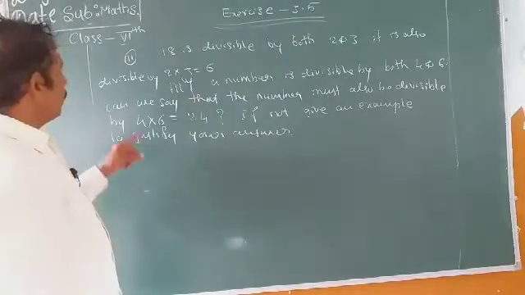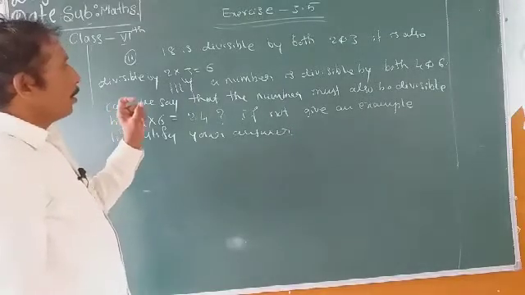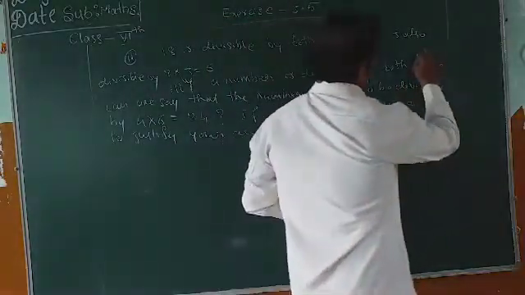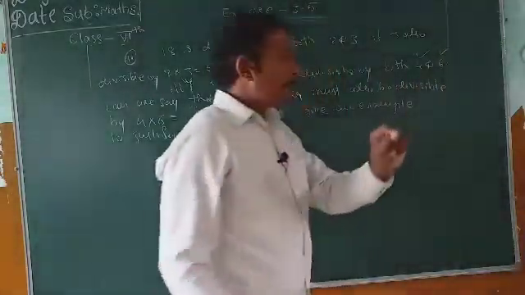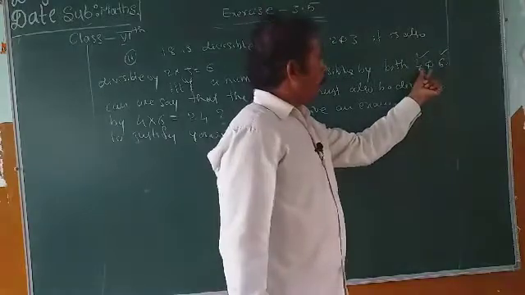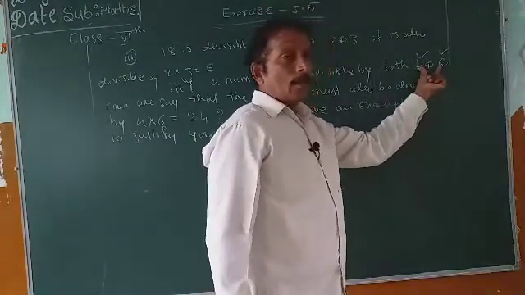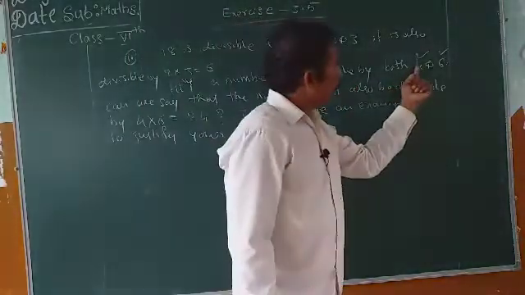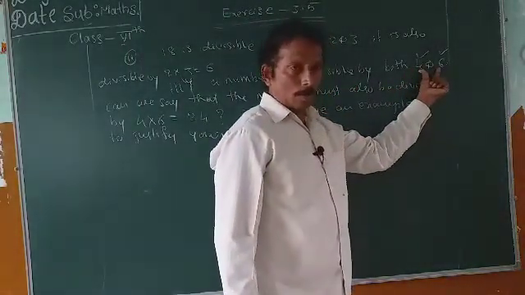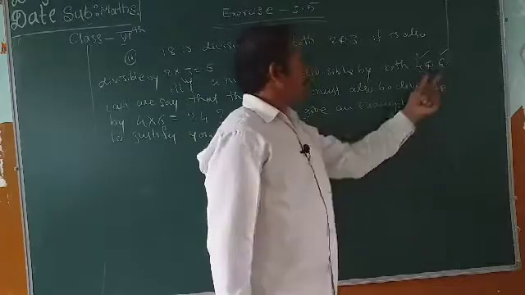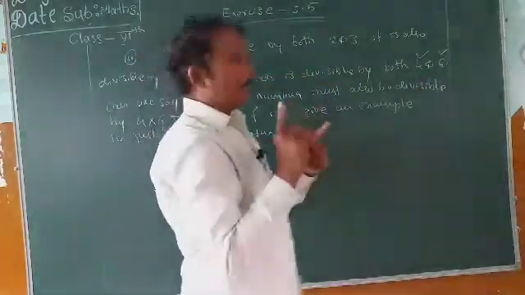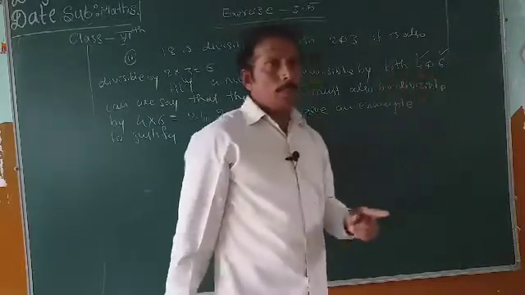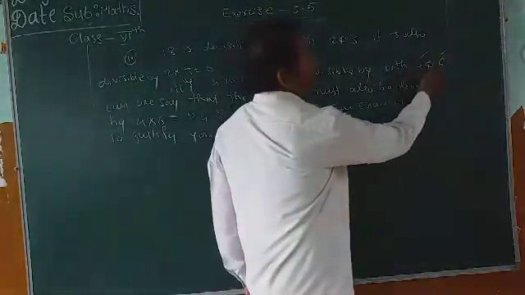Similarly, students, our question is, any number which is divisible by both 4 and 6, whether it is divisible by the product of 4 and 6 or not. Yes, the number which is divisible by both 4 and 6 is always divisible by the product of 4 and 6.